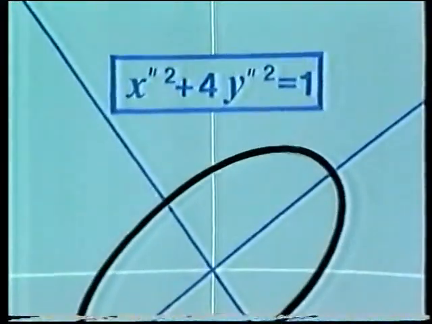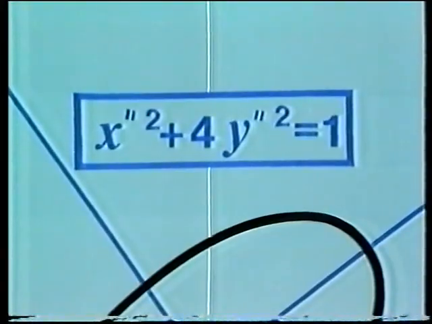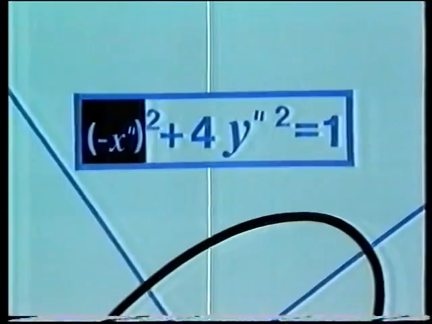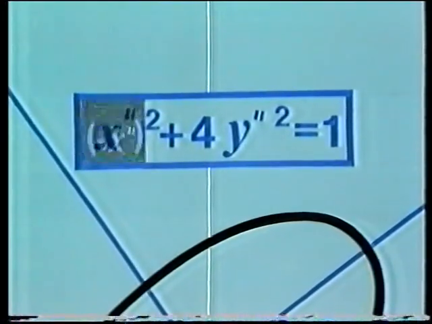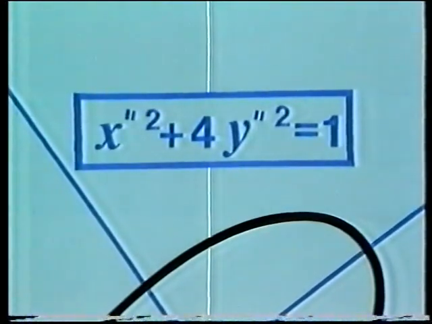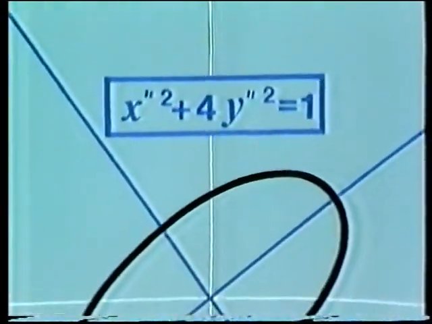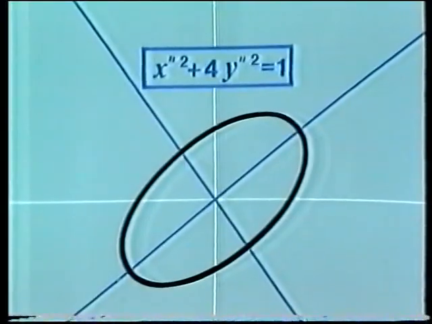And of course this shows up in the algebra. If you make x double dashed into minus x double dashed, there's no change. And similarly for y double dashed. Of course, this couldn't happen if the equation still contained an x double dash times y double dash term.